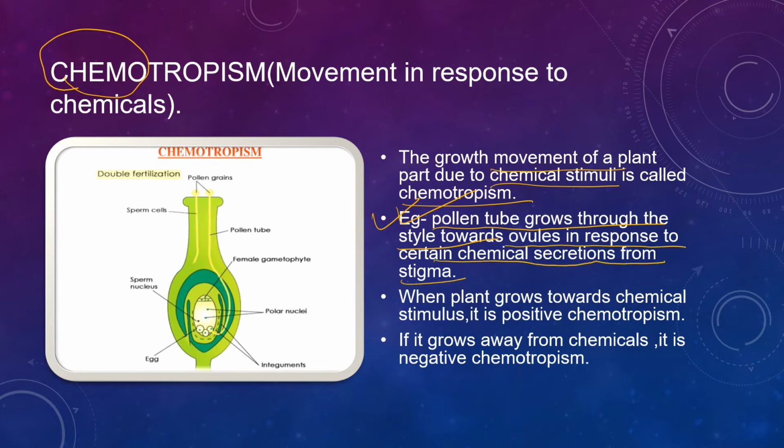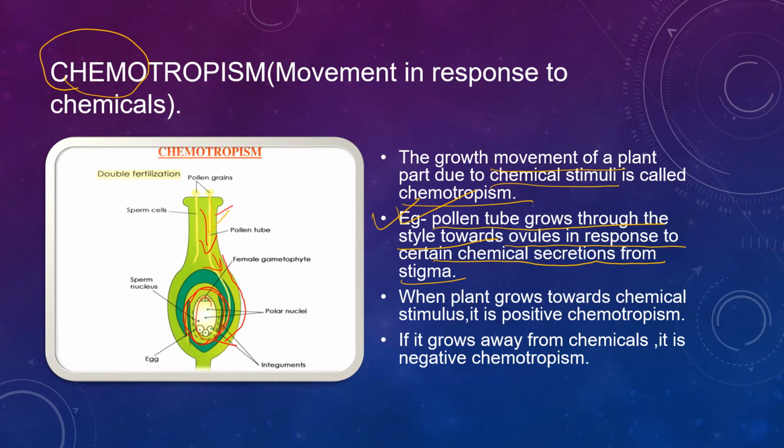You can see that the pollen grains, through the pollen tube, are moving down towards the stigma because there are some chemical secretions here. These chemical secretions are attracting the pollen tube towards the stigma. From this stigma region the secretion of chemicals is happening, and for that reason the pollen tubes are leading towards the stigma.